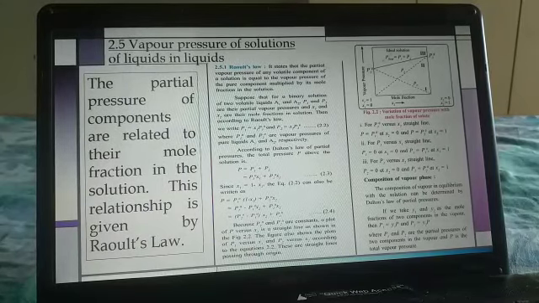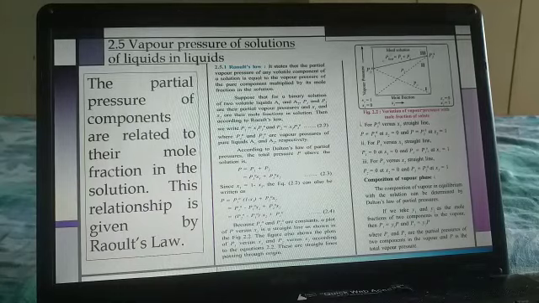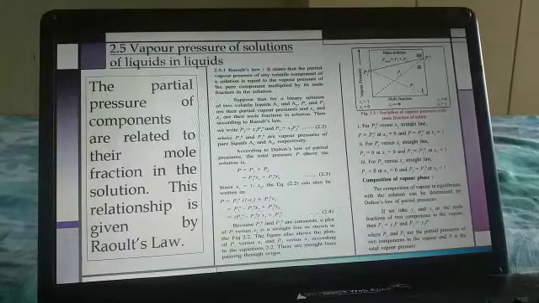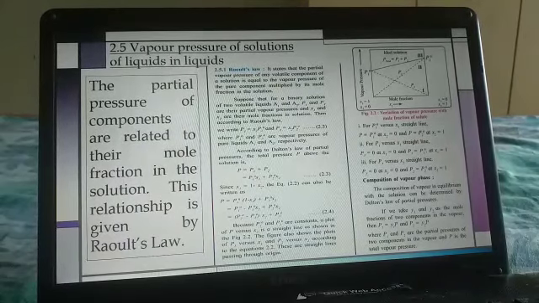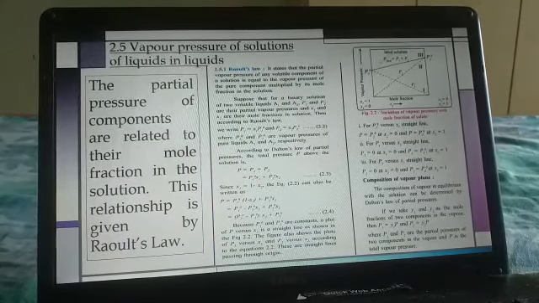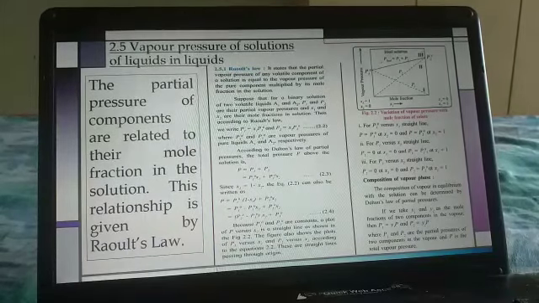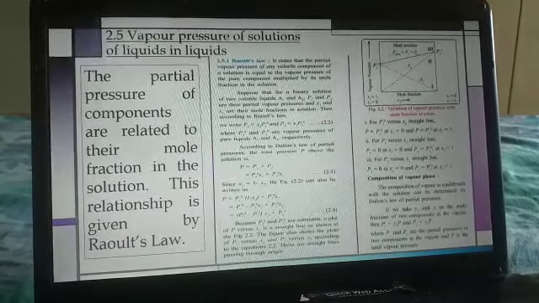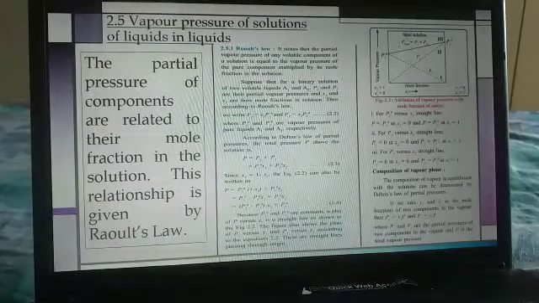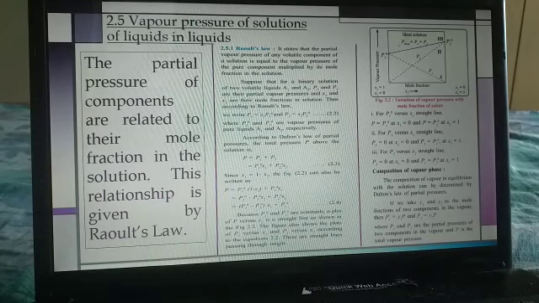If we take y1 and y2 as the mole fractions in the vapor, then P1 is equal to y1 P and P2 is equal to y2 P, where P1 and P2 are the partial pressures of the two components in the vapor and P is the total vapor pressure. Solutions which obey Raoult's law over the entire range of concentration are classified into two different types, which we will see in the next lecture.